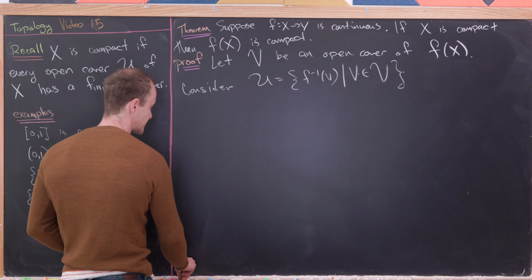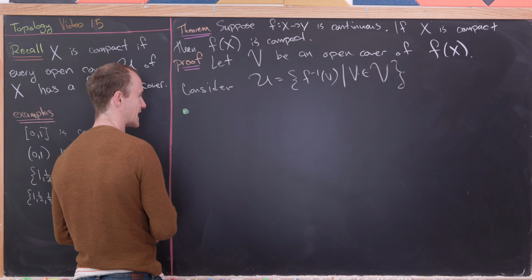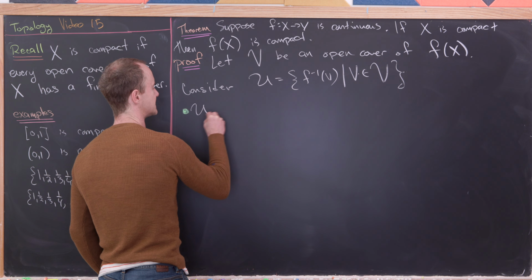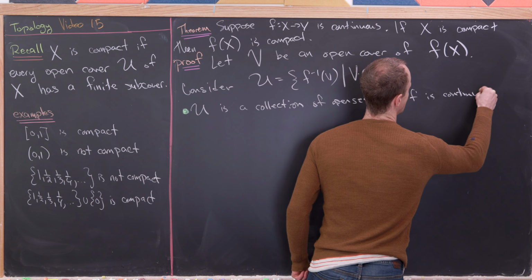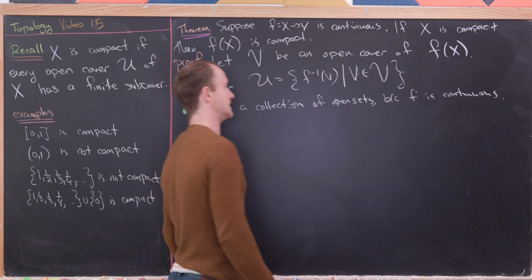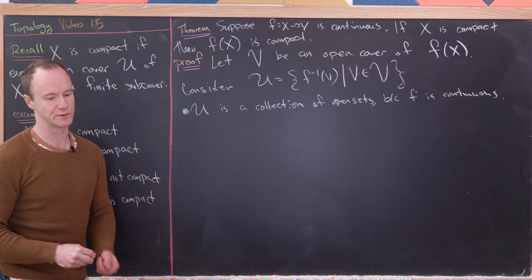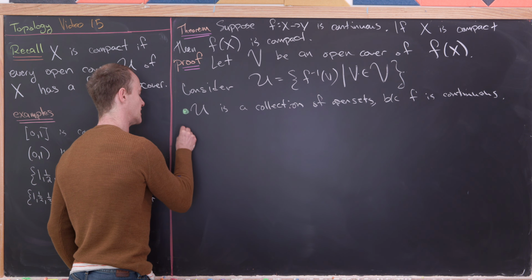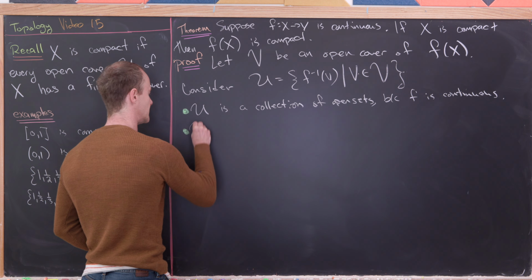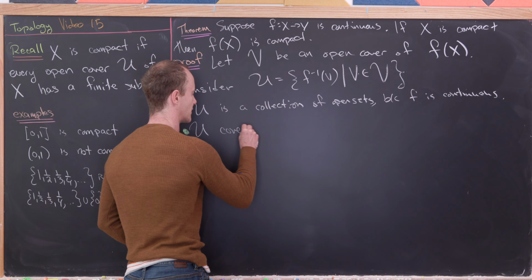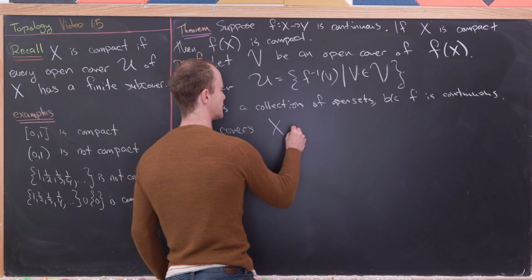Okay, good. And now I'd like to notice two things, and I think they're pretty straightforward, but we will sketch why they are true. So notice that script U is a collection of open sets, and that's simply because f is continuous, and the pre-image of an open set is open for a continuous function. That's our topological definition of continuity. Now moving on to the next thing, we also need to observe that U covers X. Now, how can we show that? Well, this is pretty straightforward as well.